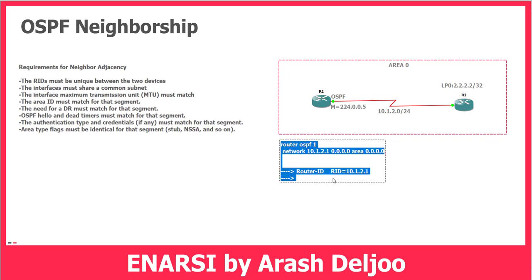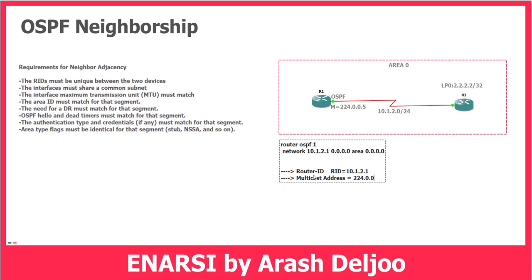This is the reserved multicast address from the IANA, Internet Assigned Numbers Authority, for the OSPF. We are using this multicast address in the OSPF for dynamic neighborship, or dynamic neighbor discovery. The multicast address reserved for OSPF is 224.0.0.5.